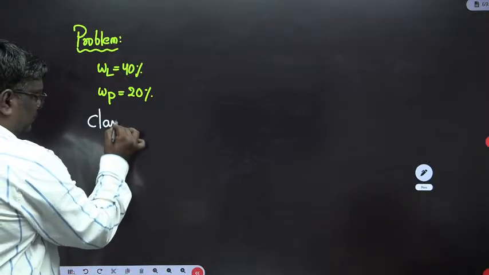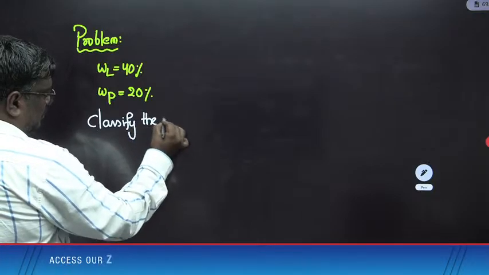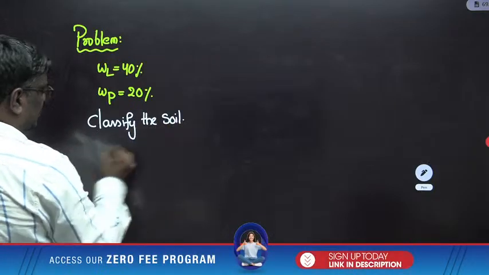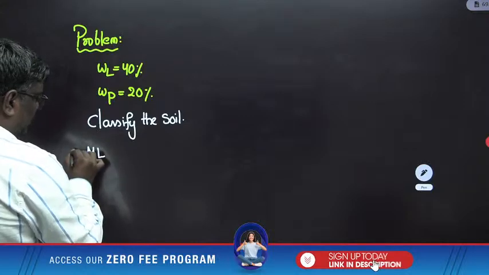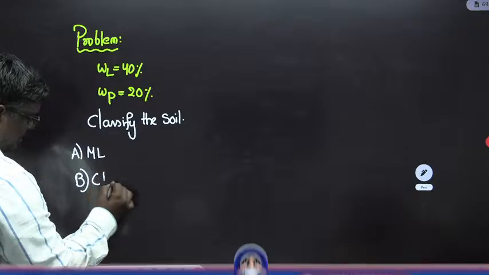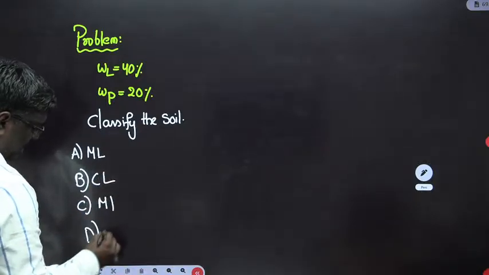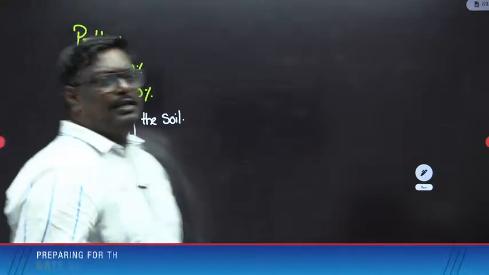They can ask you with options: A, ML; B, CL; C, MI; D, CI. They can ask you a question like this, sir.